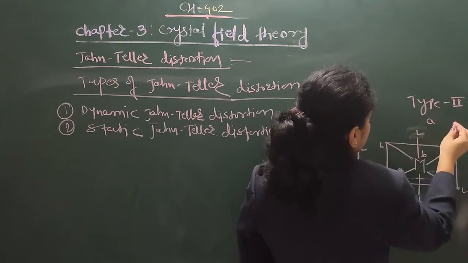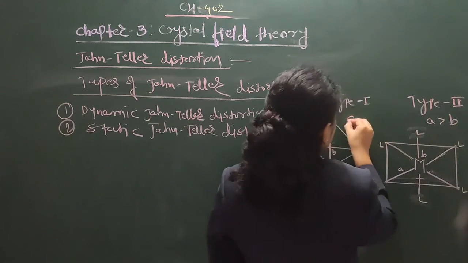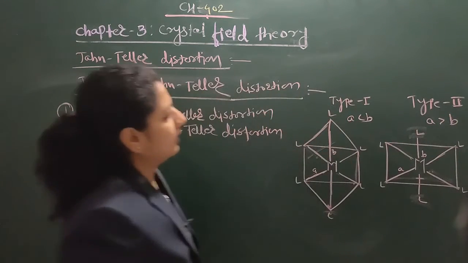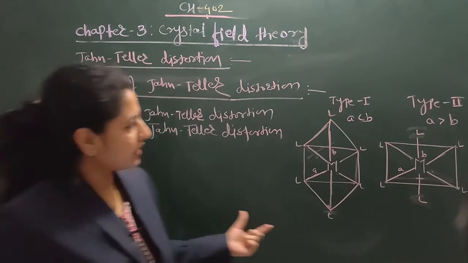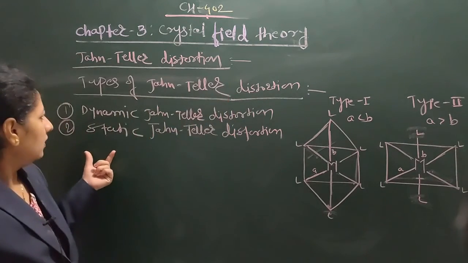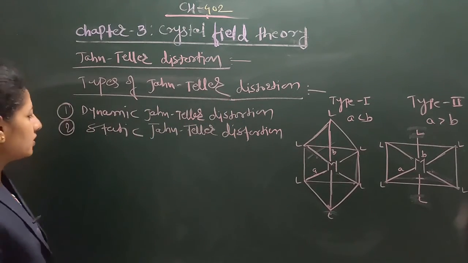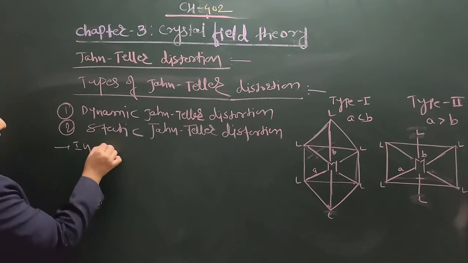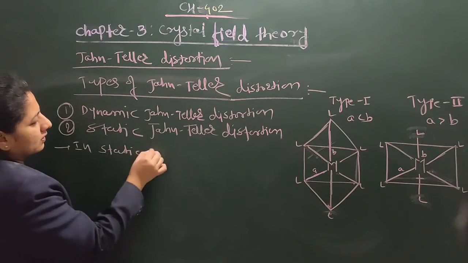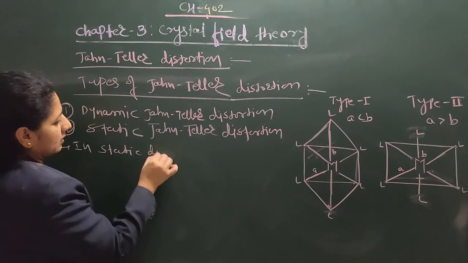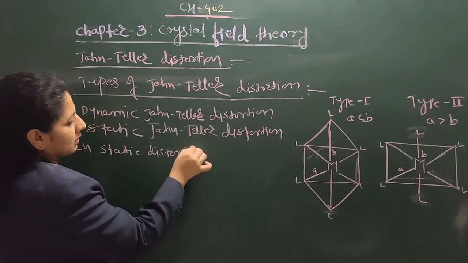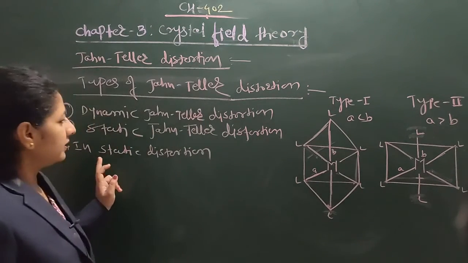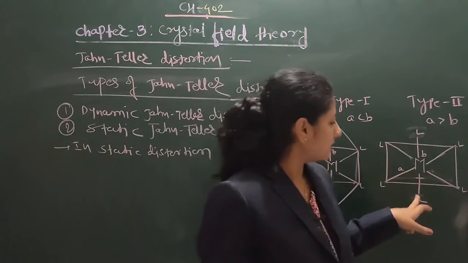Here A is greater than B, and here B is greater than A. So in these two cases, if you observe, the static Jahn-Teller distortion is observed in type second.